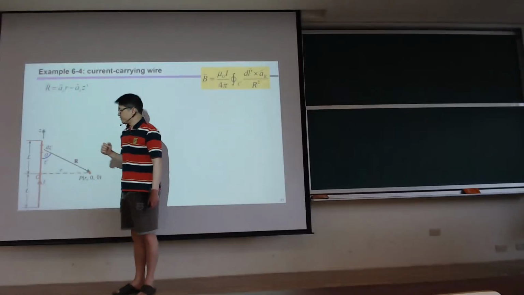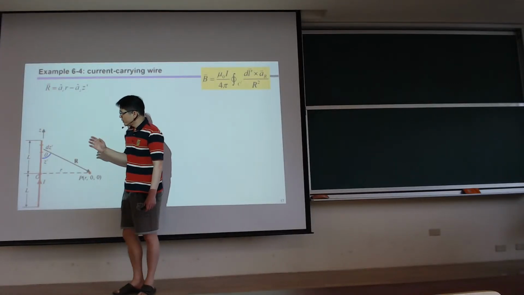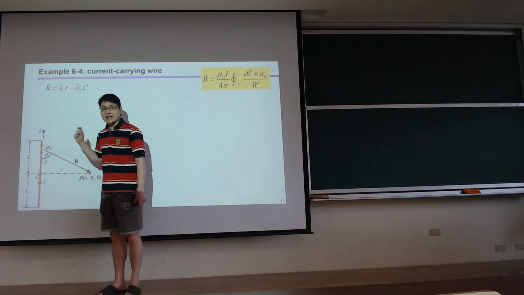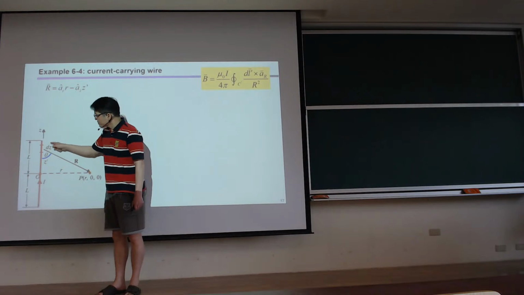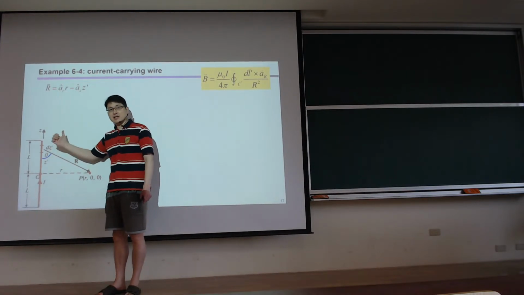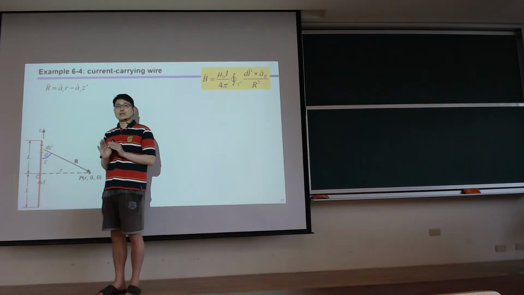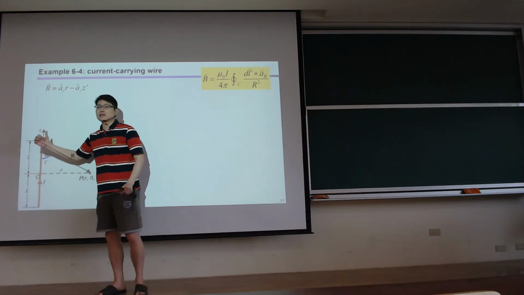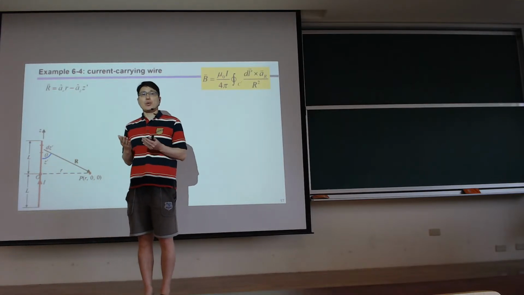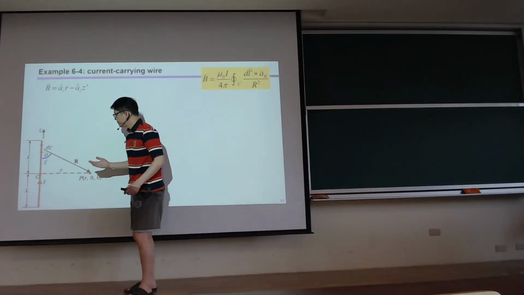So let's come back to the figure. Assume we're now trying to find the contribution to the B field from this differential segment. The differential segment has a length of dz prime. In this case, we want to use cylindrical coordinates. Why? Because a wire is best represented by cylindrical coordinates, right?